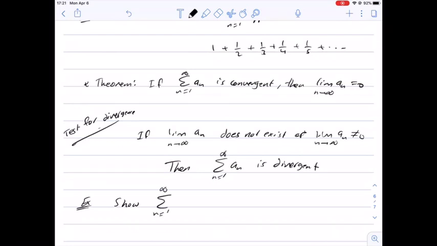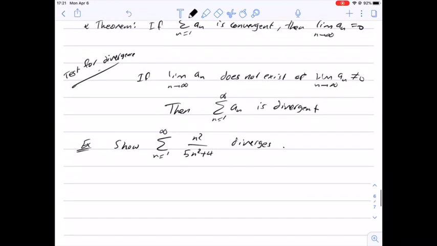We want to show that the series from n equals 1 to infinity of n squared over 5n squared plus 4 diverges. Now to show that this is a divergent series, we just take the limit of a sub n. This is a sub n.